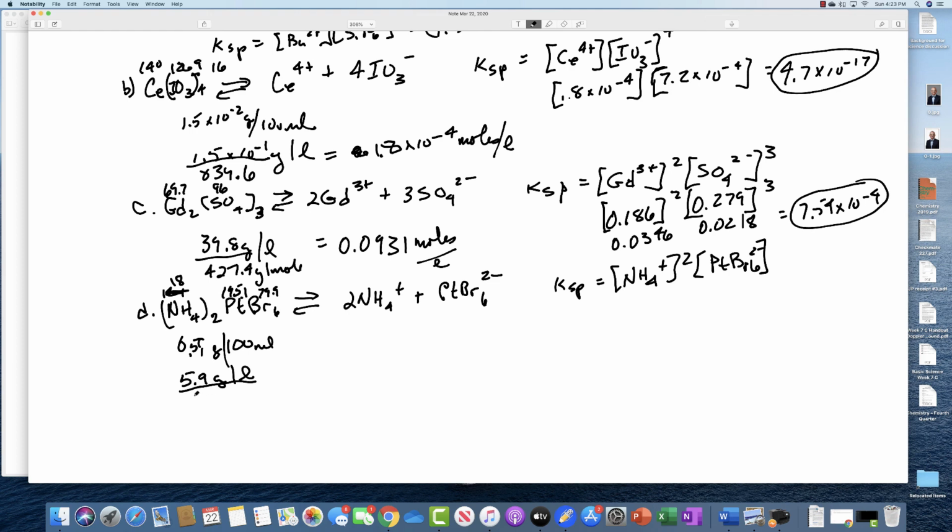The molecular weight here is 710.5. So the concentration is 8.3 times 10 to the minus 3. So we put 2 times that in this slot. So that's going to be 1.66 times 10 to the minus 2 squared times 8.3 times 10 to the minus 3. So it's 2.3 times 10 to the minus 6.